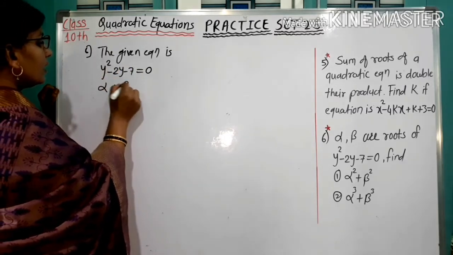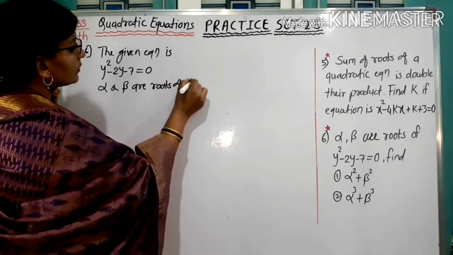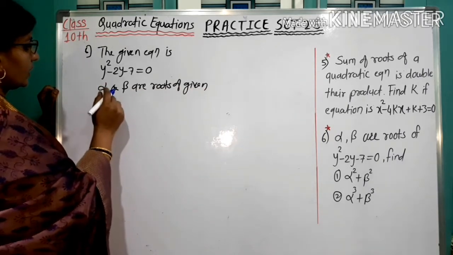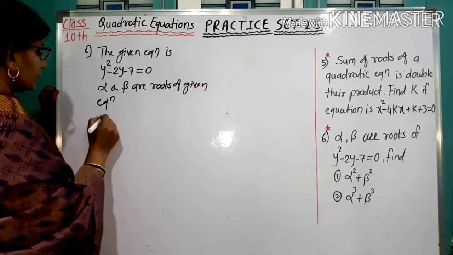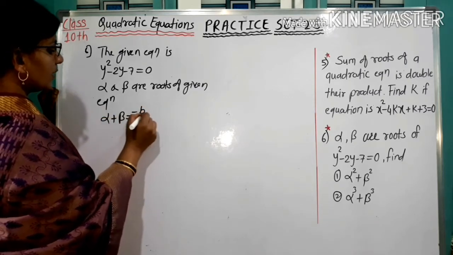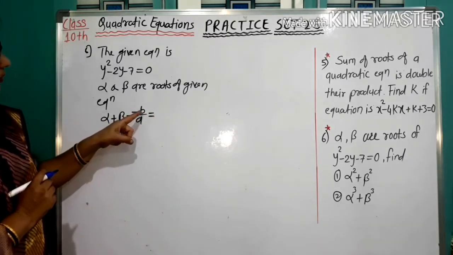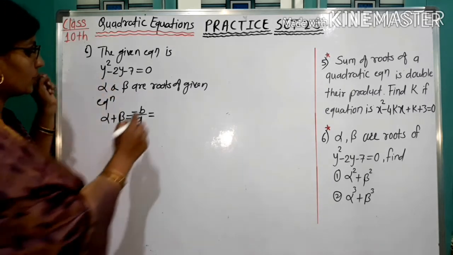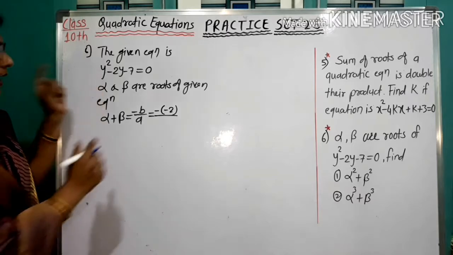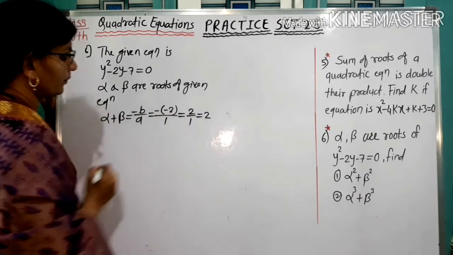Alpha and beta are roots of the given equation. Therefore, alpha plus beta equals minus b upon a. From the equation, the value of b is minus 2, therefore minus of minus 2, and the value of a is 1, so 2 by 1 is 2.